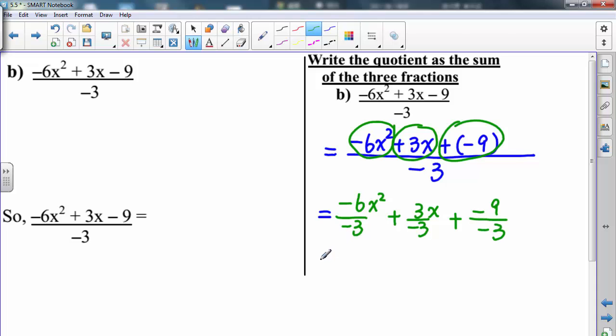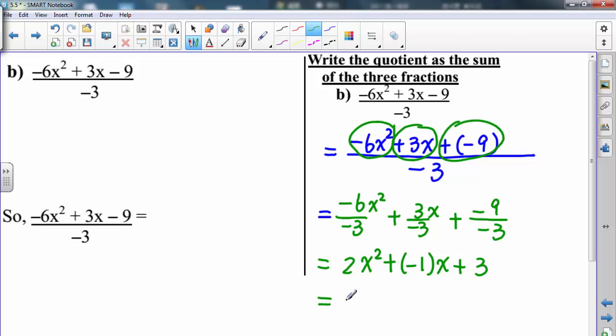Likewise, we only need to divide the coefficient of negative 6x squared by negative 3. Negative 6 divided by negative 3 is 2x squared. Plus 3 divided by negative 3, it's negative 1x. Negative 9 divided by negative 3 becomes positive 3.